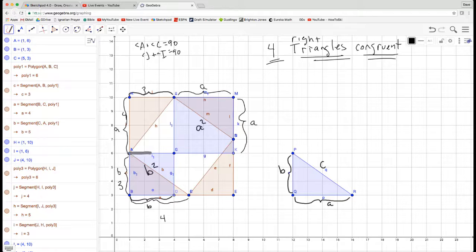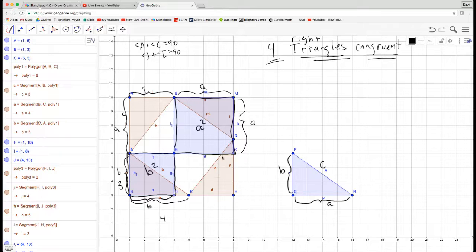So if we just look at, I'm going to draw this a little bit darker, if we go from here to here, and here to here, we have B squared, and here we have A squared.